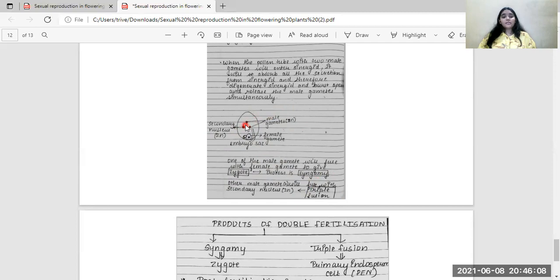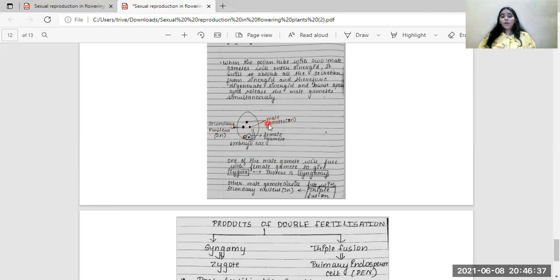Let us revise. When two male gametes are released into the embryo sac, one fuses with the female gamete and they form a zygote. The process is known as syngamy. The other male gamete, which is haploid, fuses with the secondary nucleus, which is diploid.